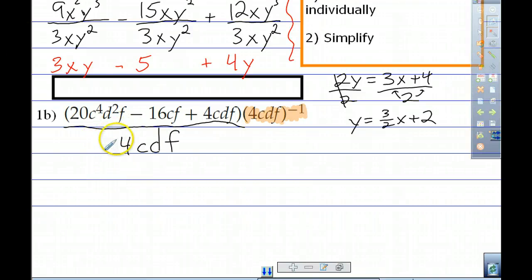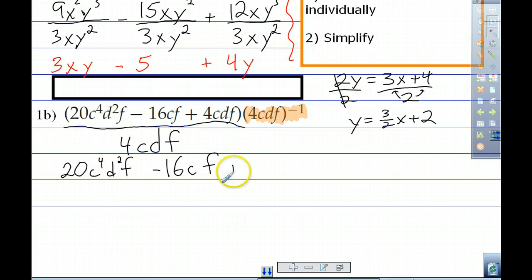So here you have it. Once again, let's write it out. Each of these is divided by 4, C, D, and F. And notice how I'm writing these, I'm kind of spacing them out just so I have the variables right beneath each other, right on top of each other.